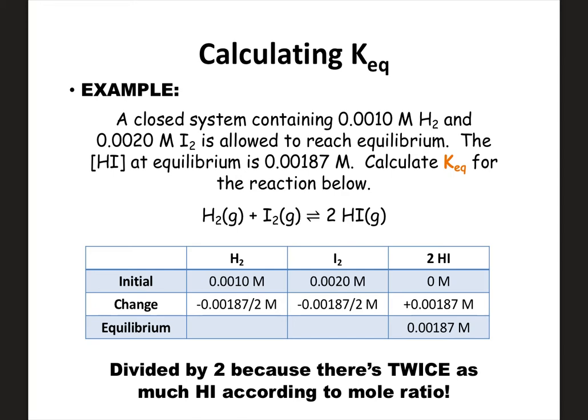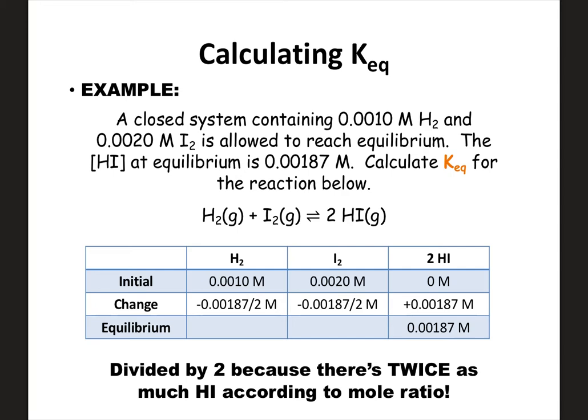They're going to lose half of that amount. So there's going to be a negative change here because the reactants are being lost, but it's going to be 0.00187 divided by 2. You do have to pay attention to the mole ratios here. If it was 1-to-1, it would just be the 0.00187 being lost for each of them. But because there's twice as much product compared to the reactants, they have to be half as much for their change. So that's something you've got to pay attention to.